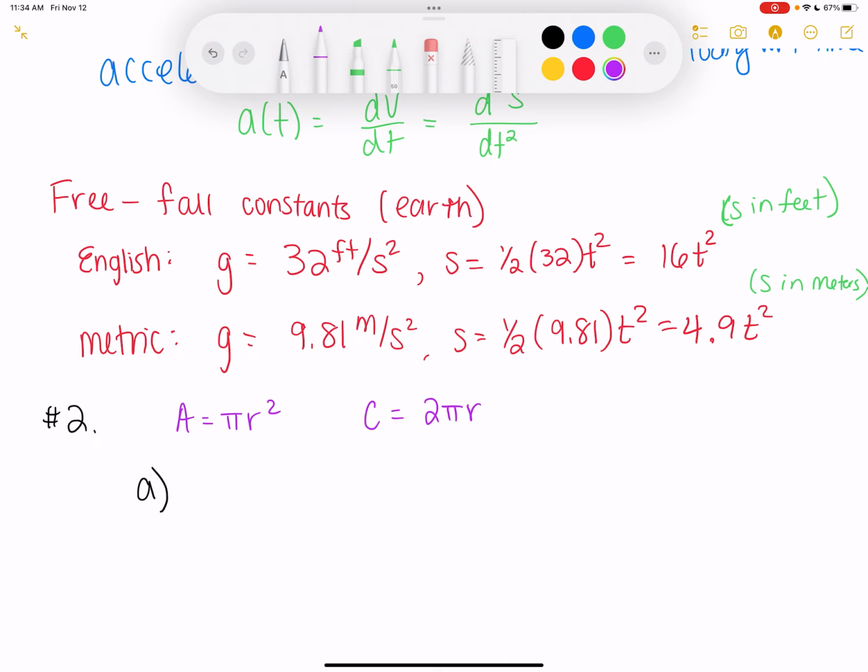I don't need to solve both for r technically. I need to solve circumference for r, and then I'm going to plug that into the other equation. So circumference for r gives me r is equal to c over 2 pi.